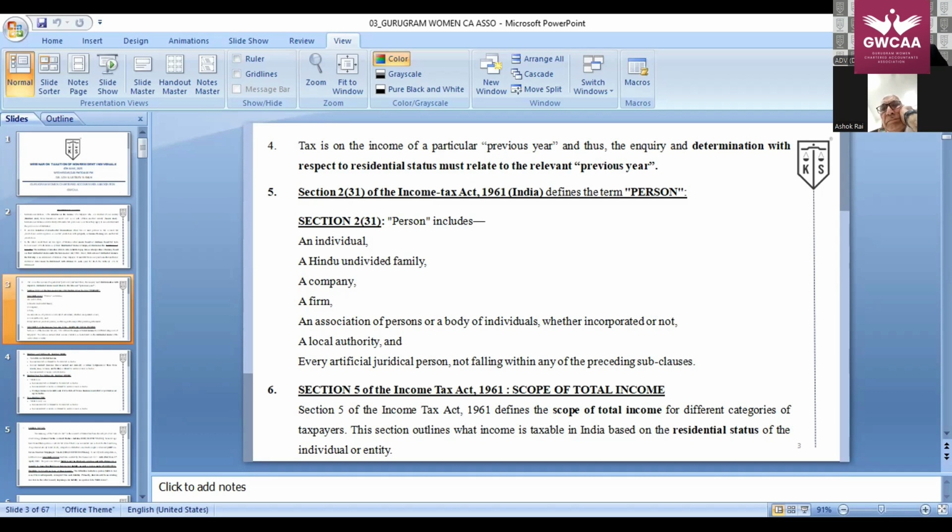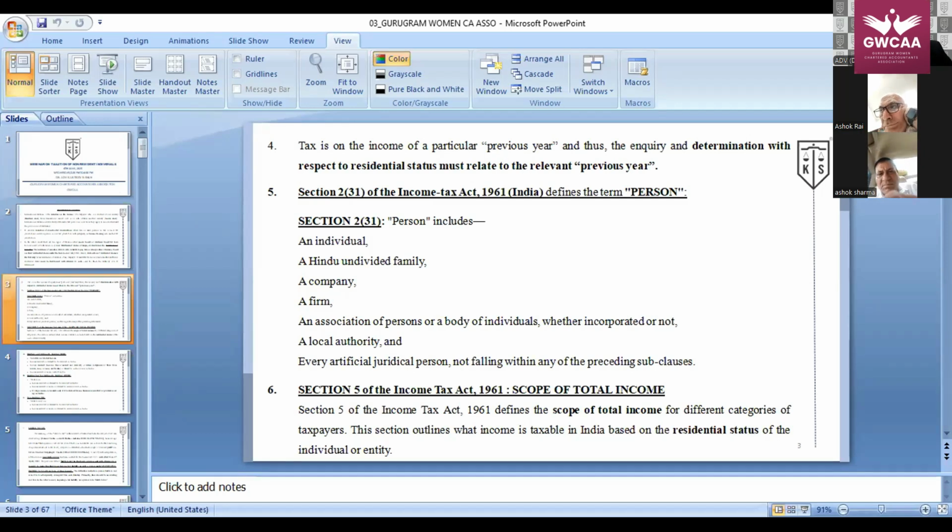So strictly, an individual's residential status will be derived by his physical presence in India. There are conditions. Let's see these conditions.